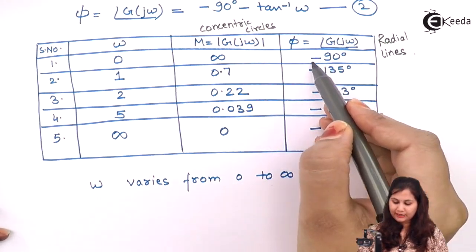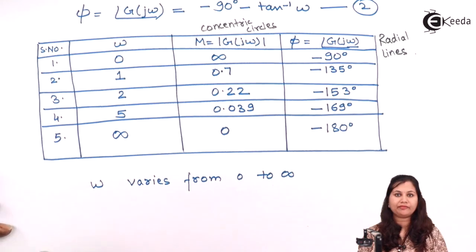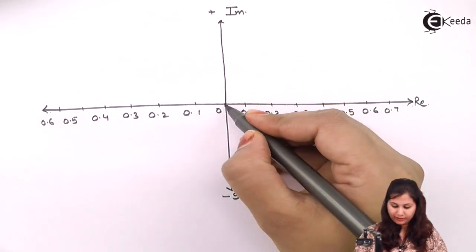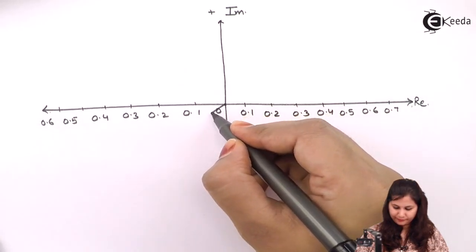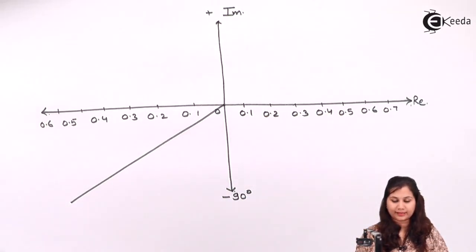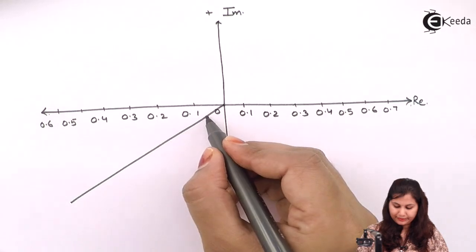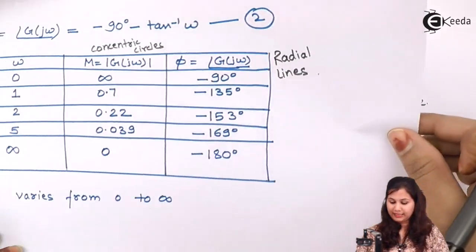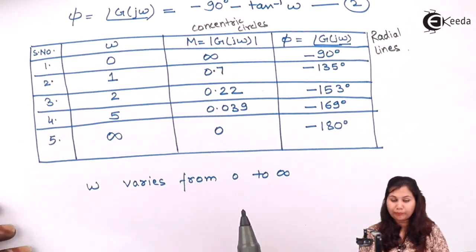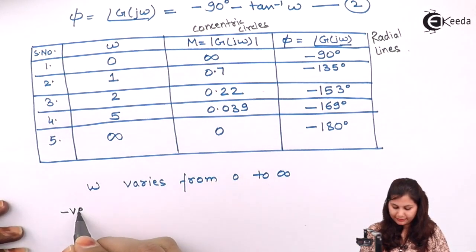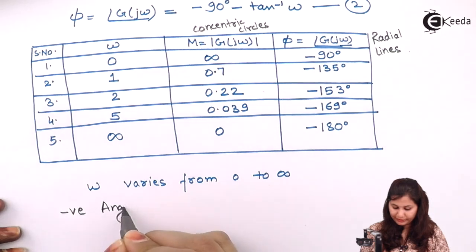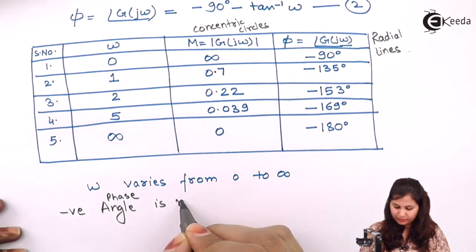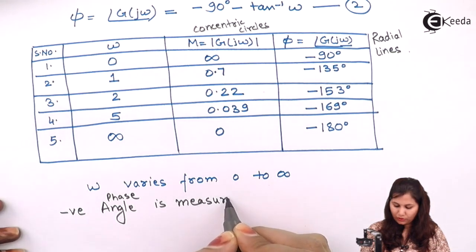So for this phase angle minus 135, we are going to plot a radial line. So minus 135 will be somewhat like this. This angle is minus 135 degrees. Because we have the phase angle as negative, in polar plots the negative phase angle is measured clockwise.